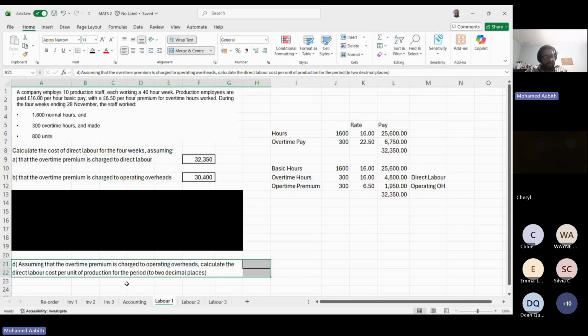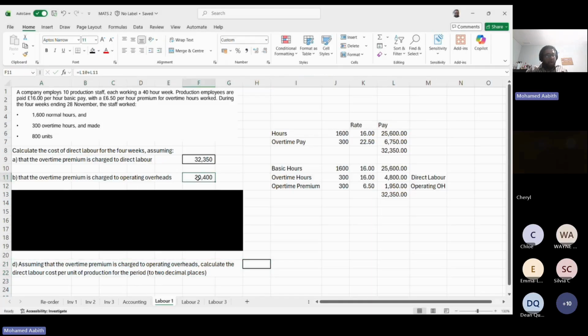We know the overtime premium was charged on that rate. So therefore, how much can I charge? It's going to be that cost, which is my direct labor, divided by how many items I produced, 800, which gives you 38 pounds labor rate per item.